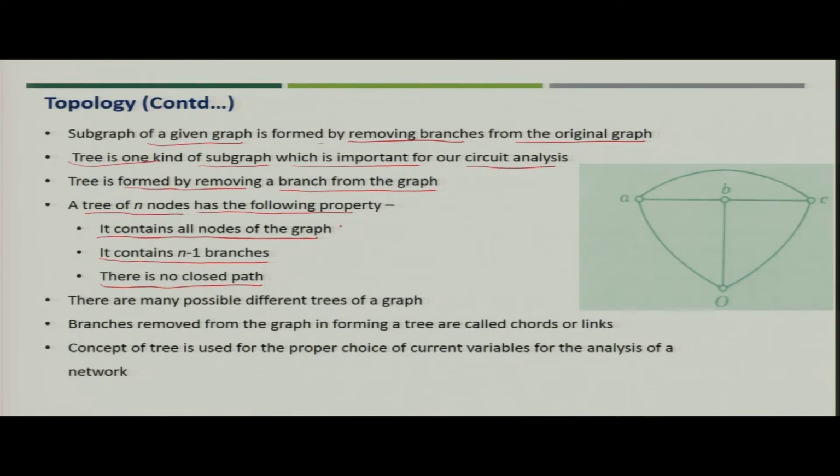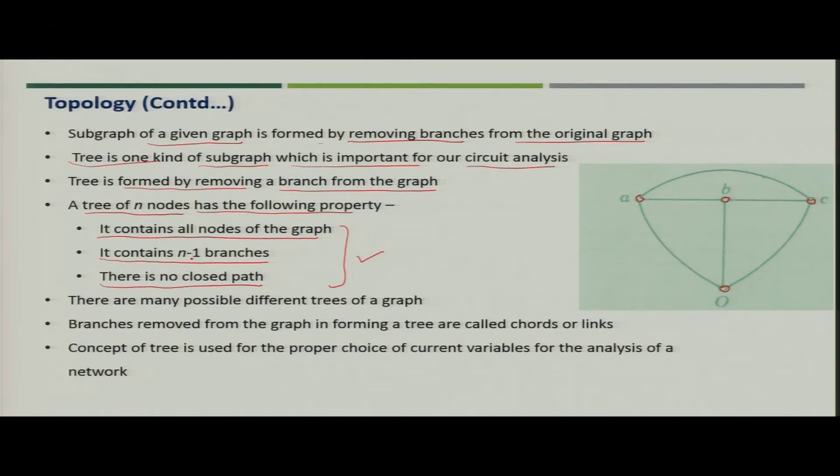So, these are the three major properties of a tree, and let us understand them from this figure. If you are asked to find the tree, then first, it will contain all nodes. It means that nodes A, B, C and O should be part of the graph.